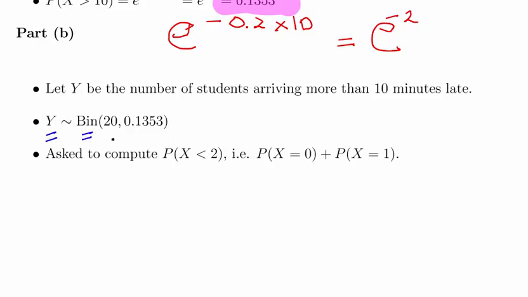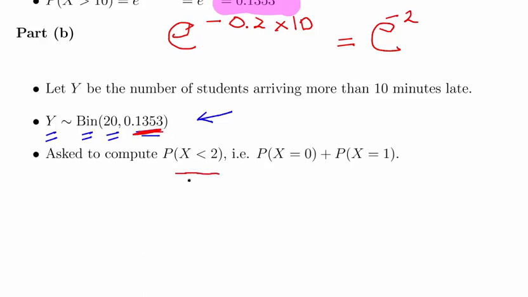It has a binomial distribution with a number of independent trials 20, sample size 20. It's not perfectly accurate to say sample size. Number of independent trials is the correct thing, but people know what you're talking about. And the probability of success is 0.1353, which we've determined from part A.